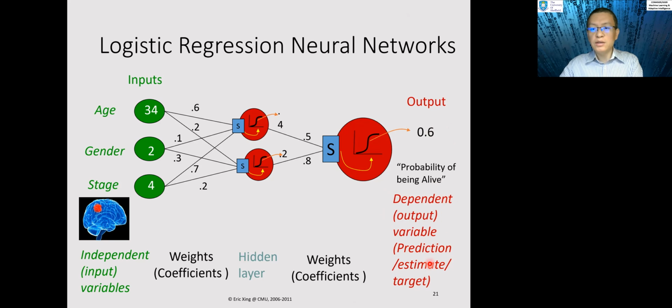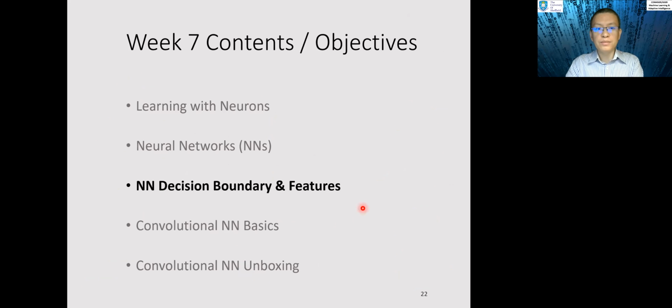This is the prediction, also called the estimate or the target. For example, the probability of being alive after 1 year, 5 years, or 10 years. So this becomes a disease or cancer prognosis predictor. That is a very basic, very simple neural network.